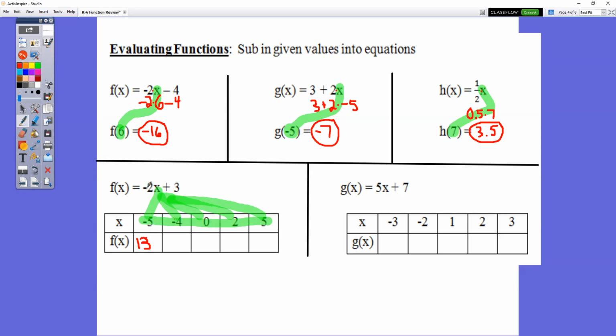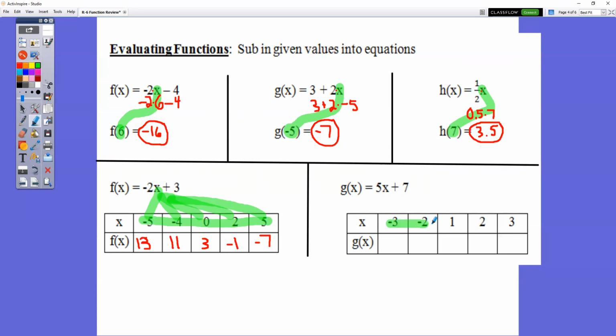We have -2 times -4, which is +8, plus 3 is 11. -2 times 0 is 0, plus 3 is 3. -2 times 2 is -4, plus 3 is -1. And -2 times 5 is -10, plus 3 is -7.